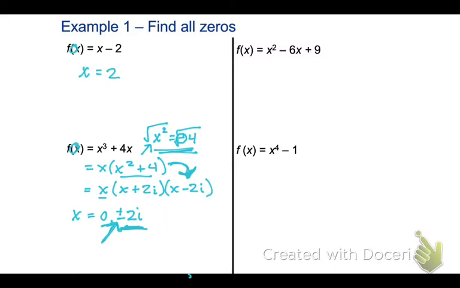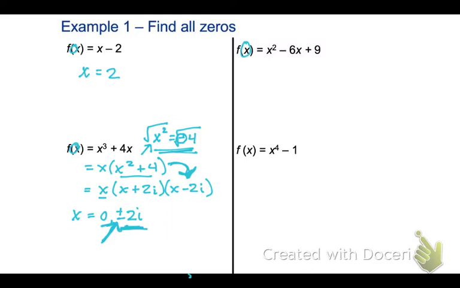Okay? So, x squared minus 6x plus 9. Factor it. Set it equal to 0 first, right? And the reason I'm going to keep pushing that is because if it was equal to anything else, you'd have to move it over, correct?